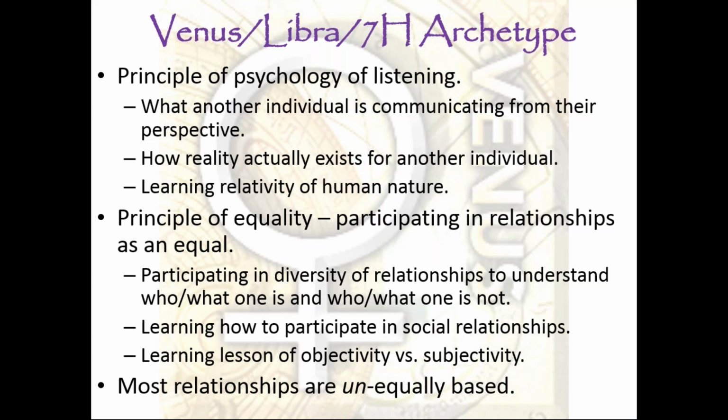Through relationship with another, we learn how to communicate better, and we learn how to communicate from our perspective in wanting another person to understand where we come from. That psychology of listening also helps us understand how reality actually exists for another individual. Here's that objectivity that is coming about again.